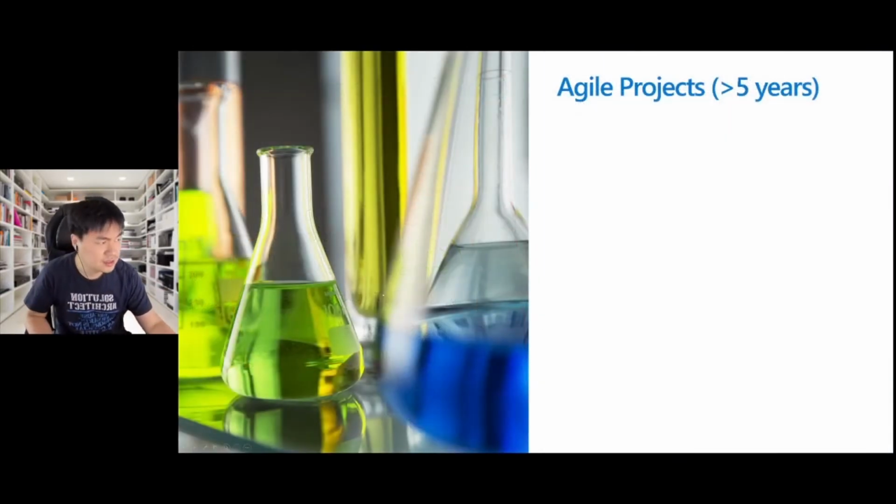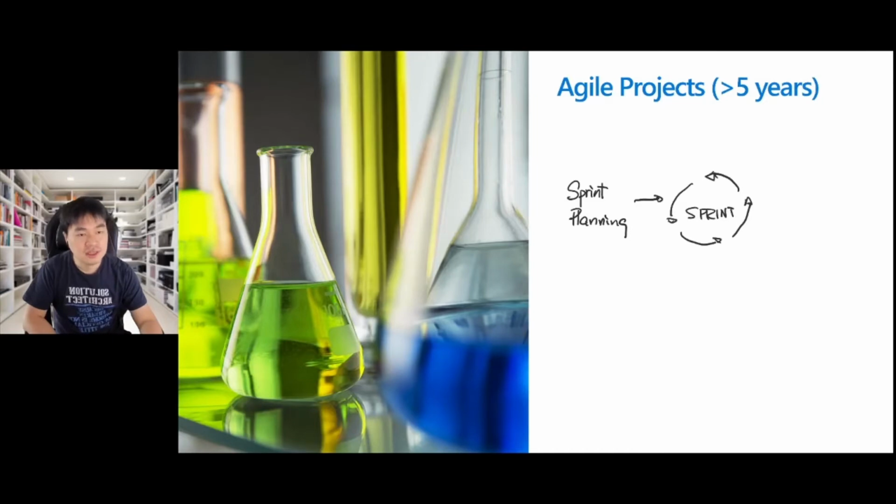Now, fast forward, I have also worked with a lot of agile projects, from startups to big enterprises. This is typically the flow, and this is using Scrum. We start with sprint planning, we do our 2 to 4 week sprints. And based on the definition of done, we will basically employ as a Scrum team certain engineering practices such as test driven development, automated testing, of course, and automated deployment, right?